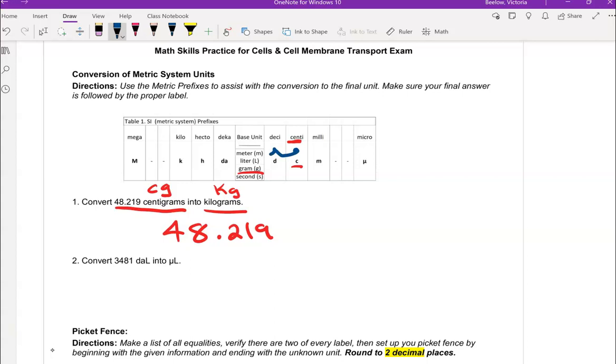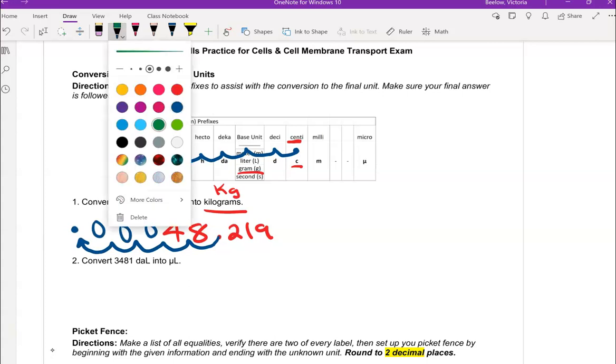So I'm going to move 1, 2, 3, 4, 5 spaces to the left. Each box is representing a space or a decimal place. So I'm going to move 5 to the left. 1, 2, 3, 4, 5. So now my decimal point is here. We're going to fill in zeros as placeholders.